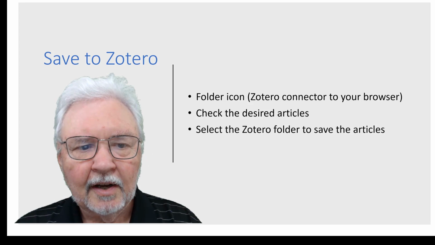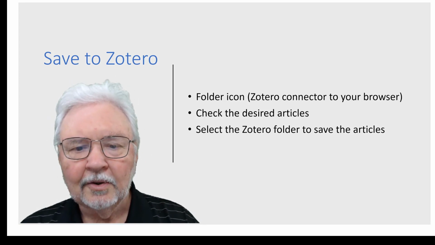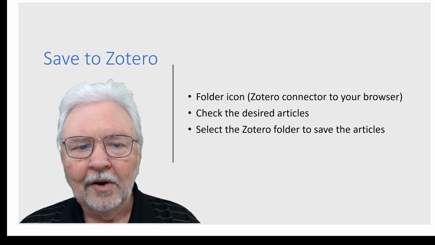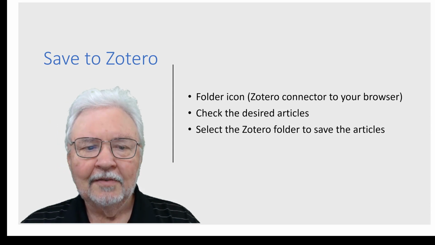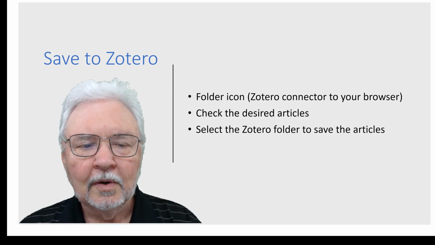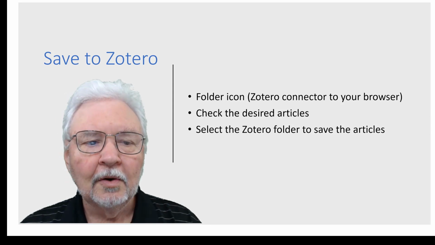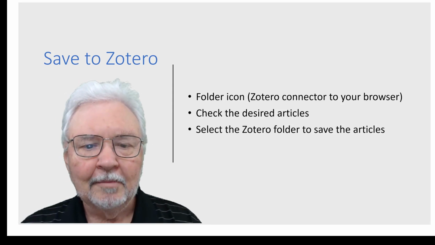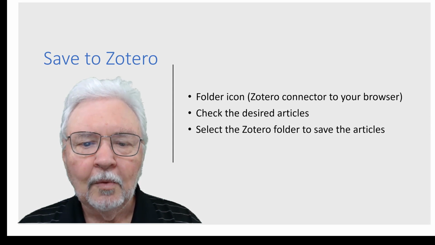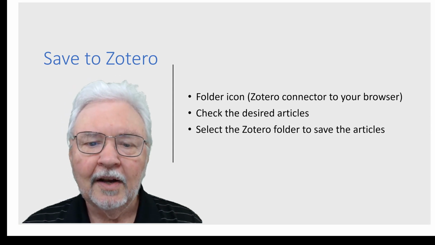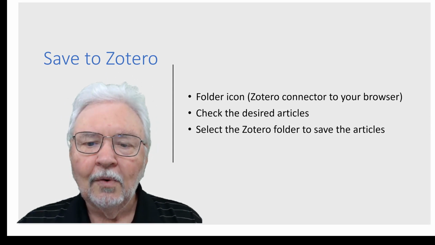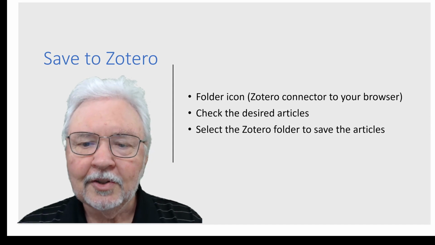So we've narrowed our search down to 17 articles. But we probably don't want all those to be saved, though we do want some of them. So now we're going to load up our Zotero database. We're going to do this by clicking on the folder icon at the top of your browser.